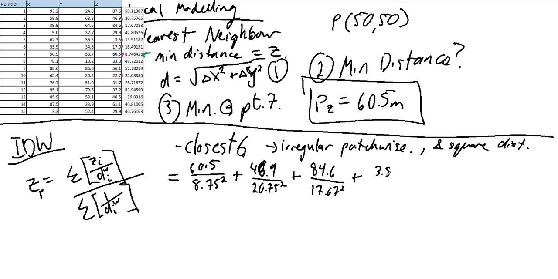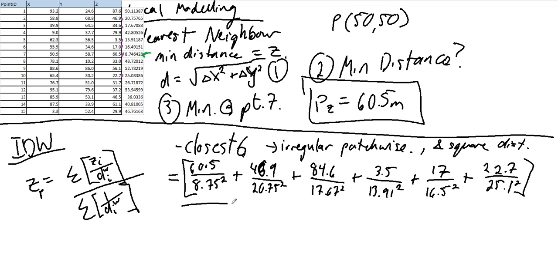So I have 3.5 divided by 13.91 squared, plus 17 divided by 16.5 squared, plus 22.7 divided by 25.1 squared. Okay, that is my numerator.